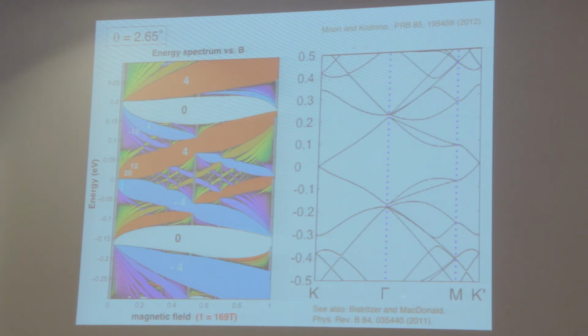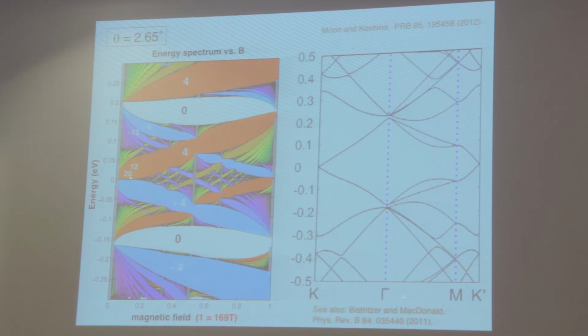And this is the energy versus magnetic field. We obviously see the Hofstadter butterfly structure. This color shows, again, the Hall conductivity. For example, this is continuously connected to the original Landau level of graphene. But we have some new feature which is coming down from a certain energy. This corresponds to the Landau level of this pocket. We have some hole-like pocket, and we have the same thing here.